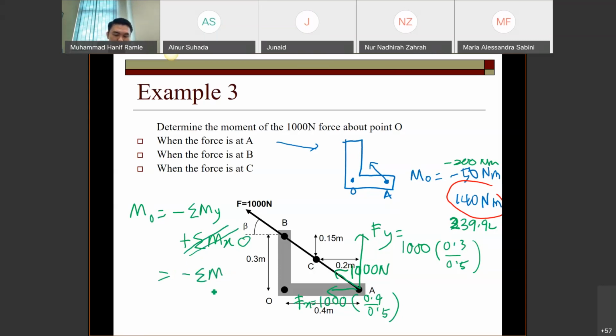So the y component is negative 1000 times (0.3 over 0.5), times the distance 0.4. Let me calculate. 1000 times 0.3 over 0.5 times 0.4.